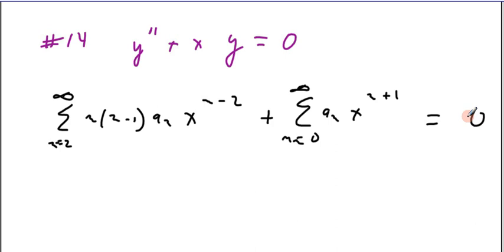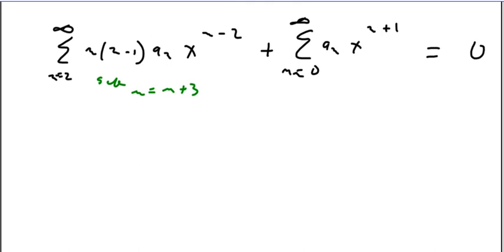So now I say, well, what am I going to do with this? Well, I could do many things. I'm going to do a substitution, n is equal to n plus 3. Then I'm going to be n plus 1 for my x's. So that's my plan. See what happens.